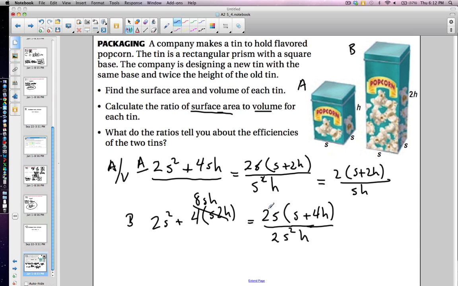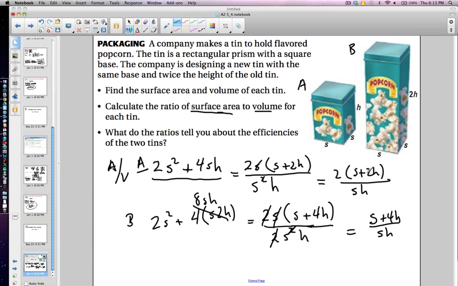So when we start canceling common factors, I cancel the 2s. I can cancel this s with that s. And so I end up getting (s plus 4h) all over sh. So my denominators are the same.